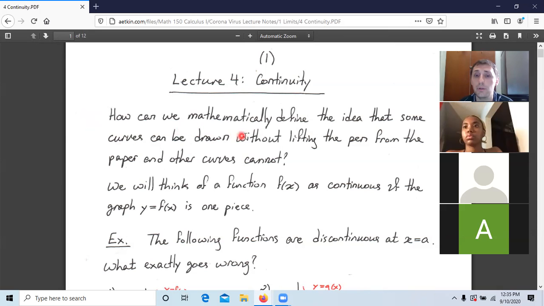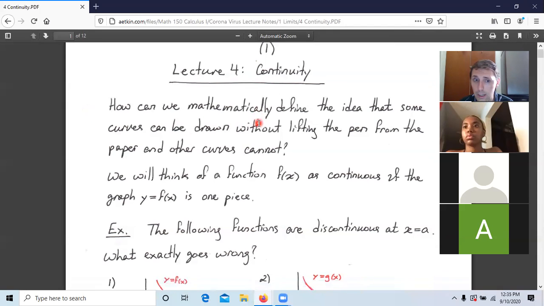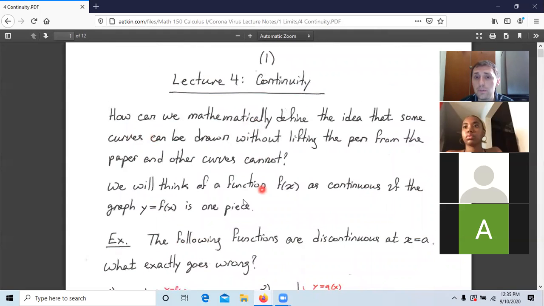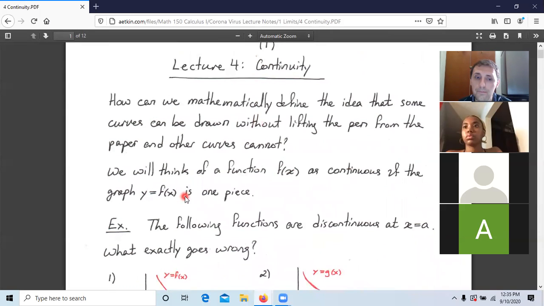And what we call continuity is the topic that we want to examine here. Okay, so roughly speaking, when a function f of x is continuous, we imagine that the graph is a whole piece. It can be traced without lifting the pen from the piece of paper.